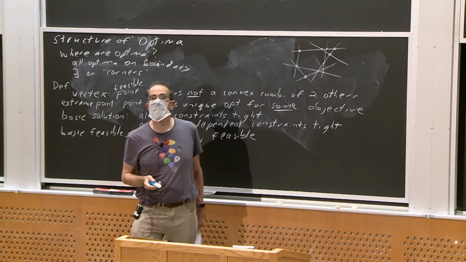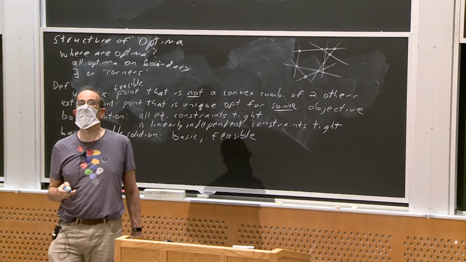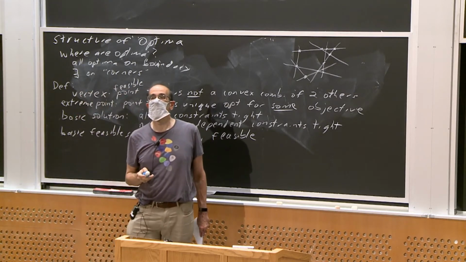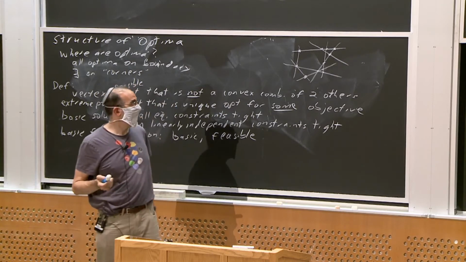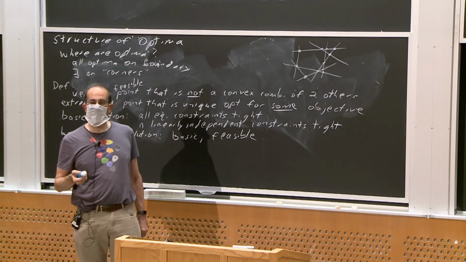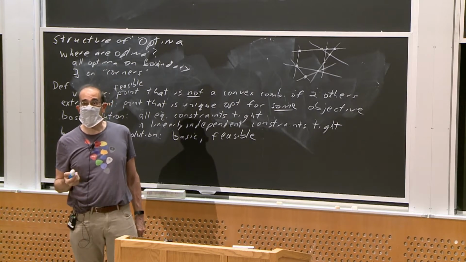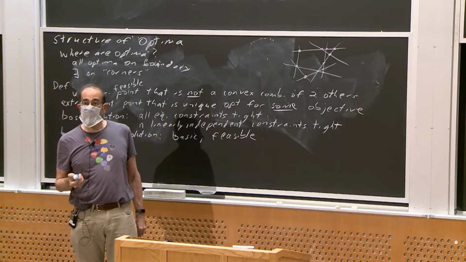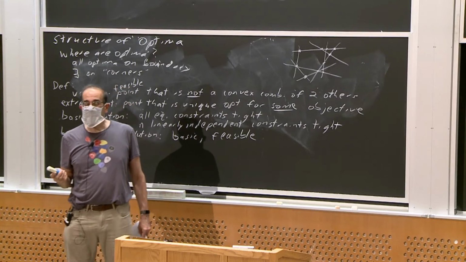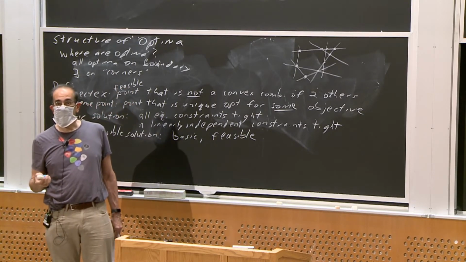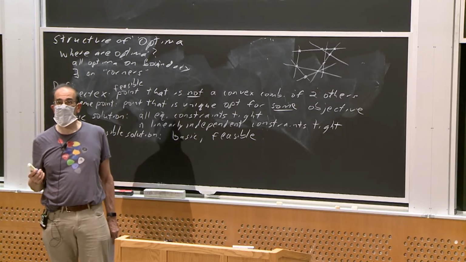So when you say n linearly independent constraints are tight, it basically means intersection. That's right. A tight constraint, it's a good question, right? If a constraint is tight, it means that your point is on the hyperplane, right? And so if n linear constraints are tight, it means that your point is on n different linearly independent hyperplanes, right?